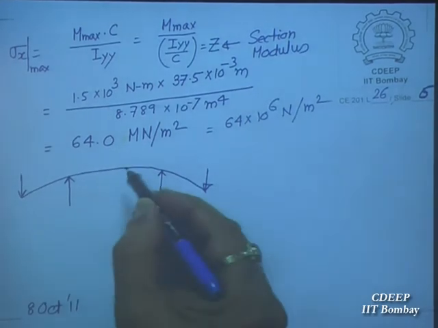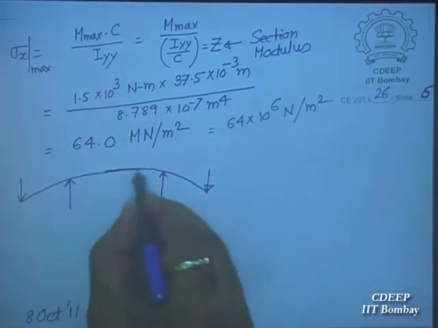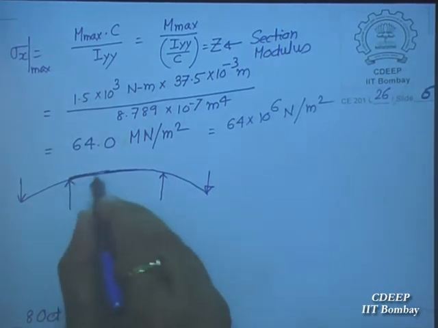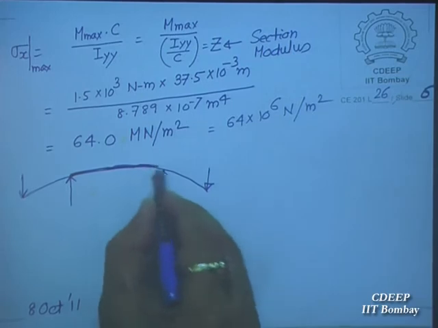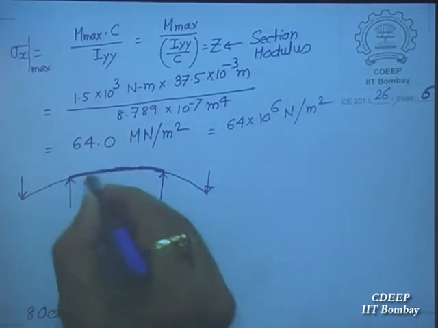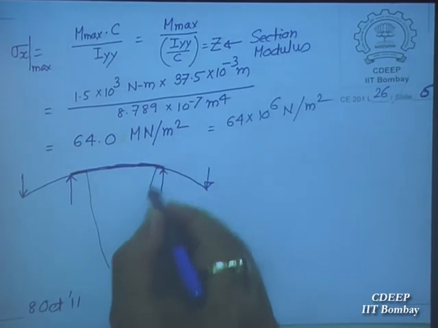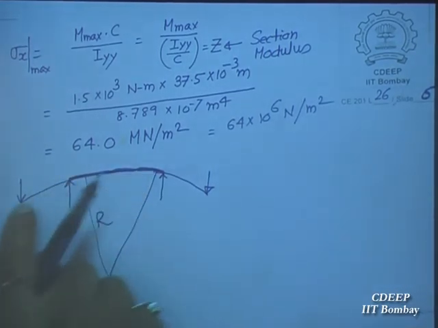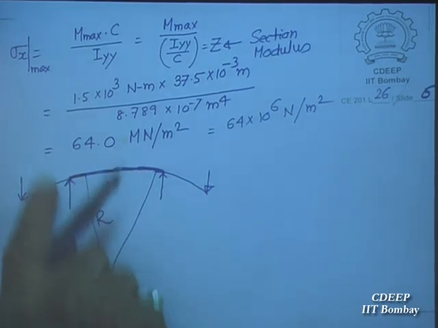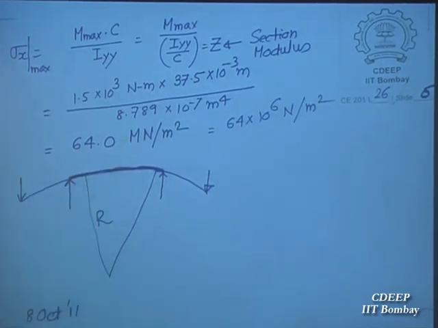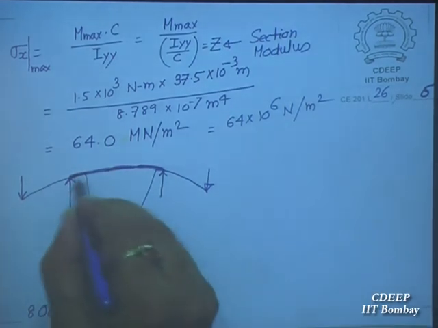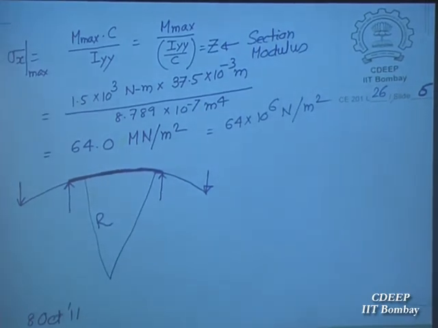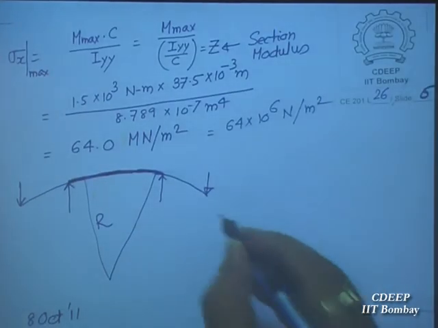Of course we are talking of the radius at the center, because from here to here it is subjected to constant moment. So here the radius will be R. Here it will be different, because this part is also subjected to shear force, but here there is constant bending moment. So please tell me how to find out R.